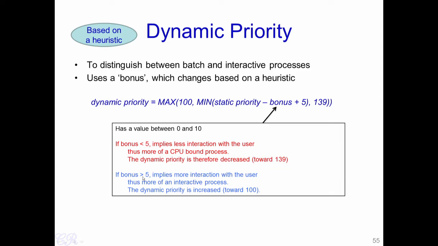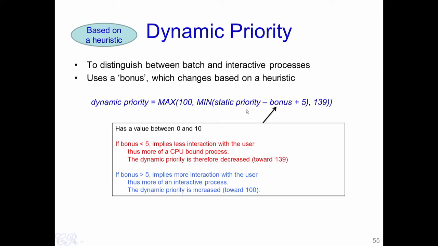If the bonus is greater than 5, on the other hand, it implies that there is more interaction with the user. That is, the process acts more like an I/O bound process, and essentially behaves more like an interactive process. The dynamic priority is therefore increased, that is, it goes towards 100.